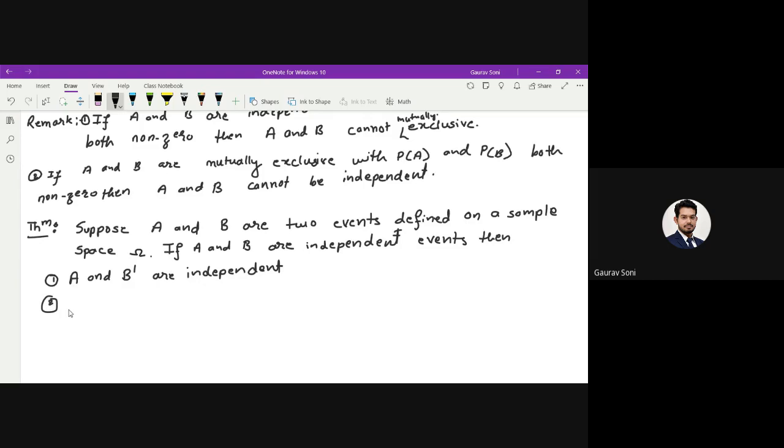Second, A complement and B are independent. And third, A complement and B complement are independent.